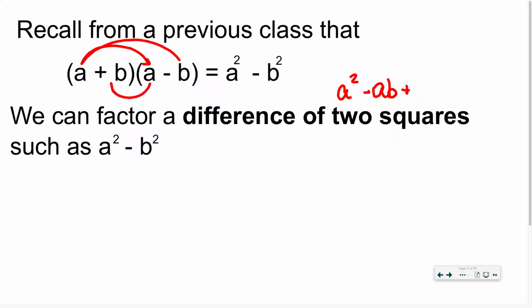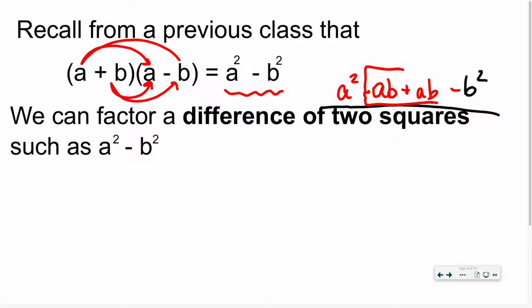Then we multiplied here plus ab. And then the last term would have been minus b squared. And how did we go from this 4-term polynomial to this binomial? The two middle terms cancel. Yeah, our two middle terms actually combined to make 0. So even though they're kind of there, we don't show that. We can factor the same way.